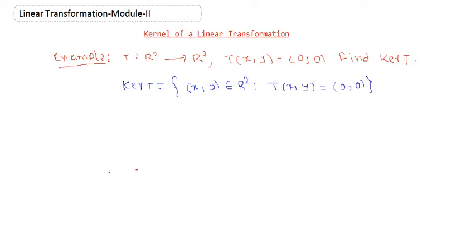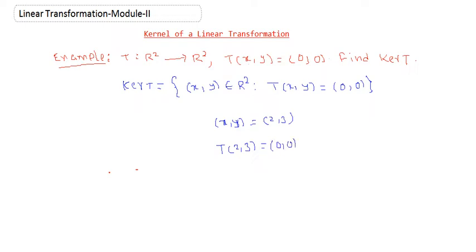In this example, if I put any (x, y), for example (2, 3), then T of (2, 3) goes to, where x is 2 and y is 3, the vector (0, 0).